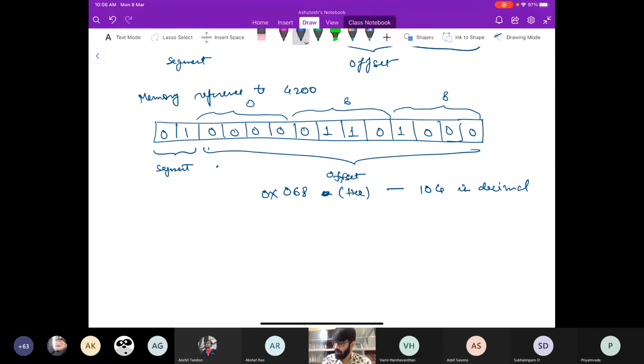So the first 2 bits will tell which segment register to use. Okay, so now there are 3 segment registers in the memory management unit for the process. So the first 2 bits are going to tell which segment register to use for this address, and the bottom 12 bits are going to be the offset.